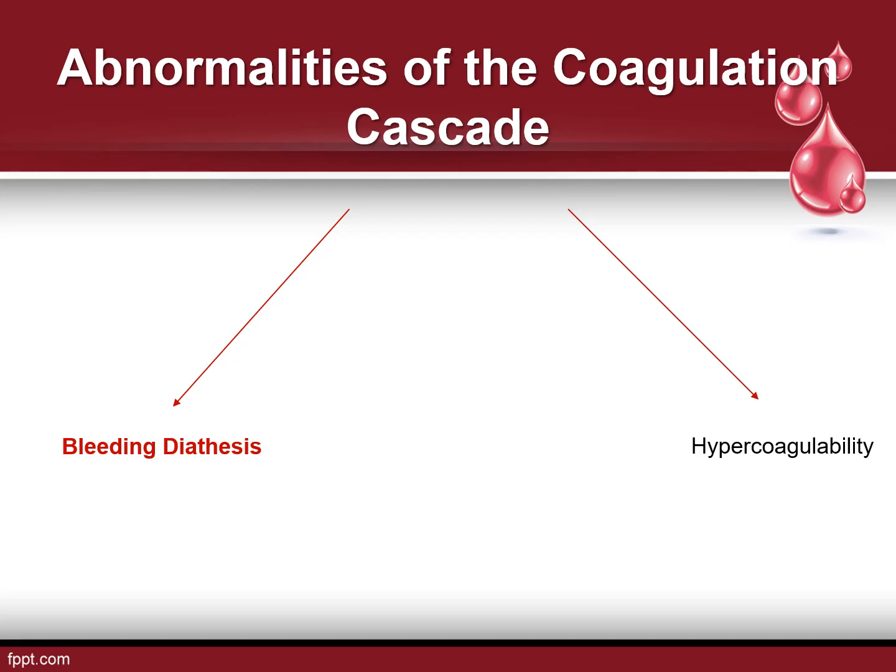We are talking now about abnormalities. When we talk about abnormalities of the coagulation cascade, we have either a hypercoagulability state or bleeding diathesis. A blood clotting disorder that makes your blood form clots too easily we call a hypercoagulable state or thrombophilia.